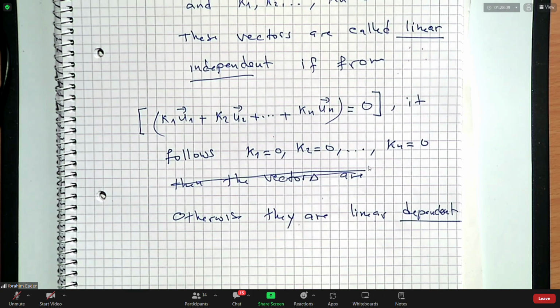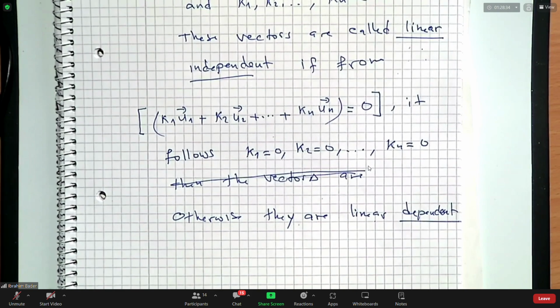But as I told you, luckily there are many tools in linear algebra, for instance determinants, or even the triple product of vectors, where we can much more easily determine whether a bunch of vectors is linearly dependent or independent.